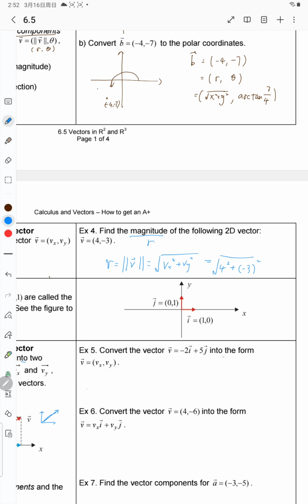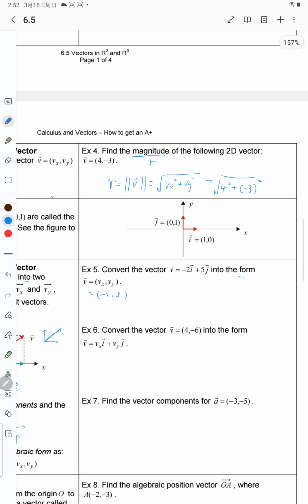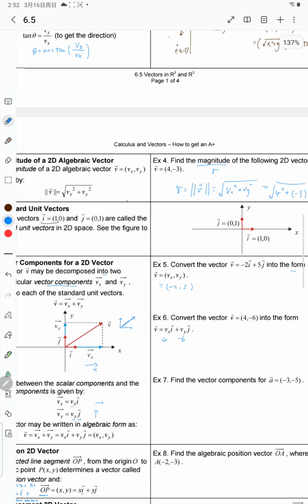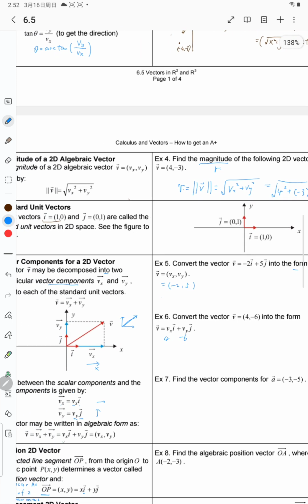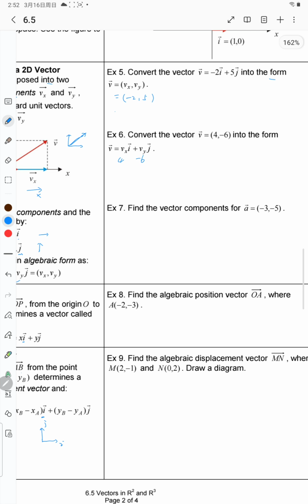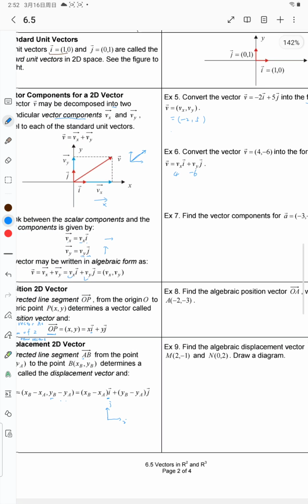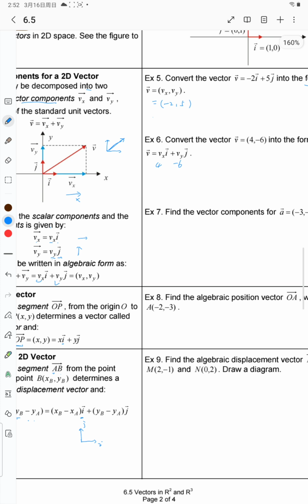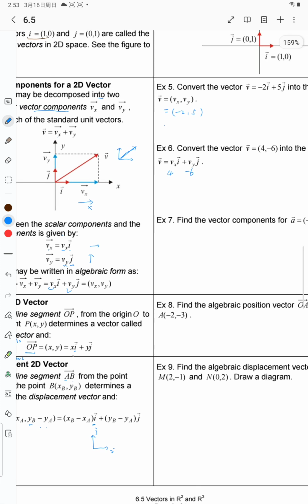And convert the vector into the form. I think you guys can write it, right? And then convert to this. I'm sure you know, this is 4i minus 6j. Find the vector components. Just write it in this form, okay? It's like writing this as a linear sum of i and j.